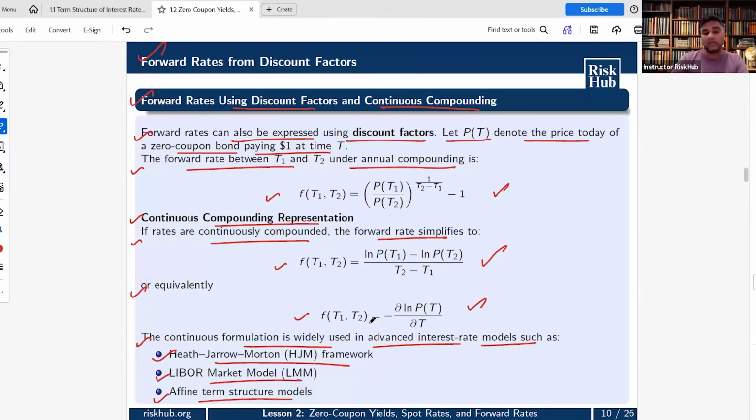The correct statement is actually F of T equals minus the partial derivative of ln P of T divided by partial T, with no T1, T2 on the left side, right? The continuous form is the input for HJM, the Libor market model, and other term structure models. Those models evolve the forward rate directly, so we need the curve expressed this way.